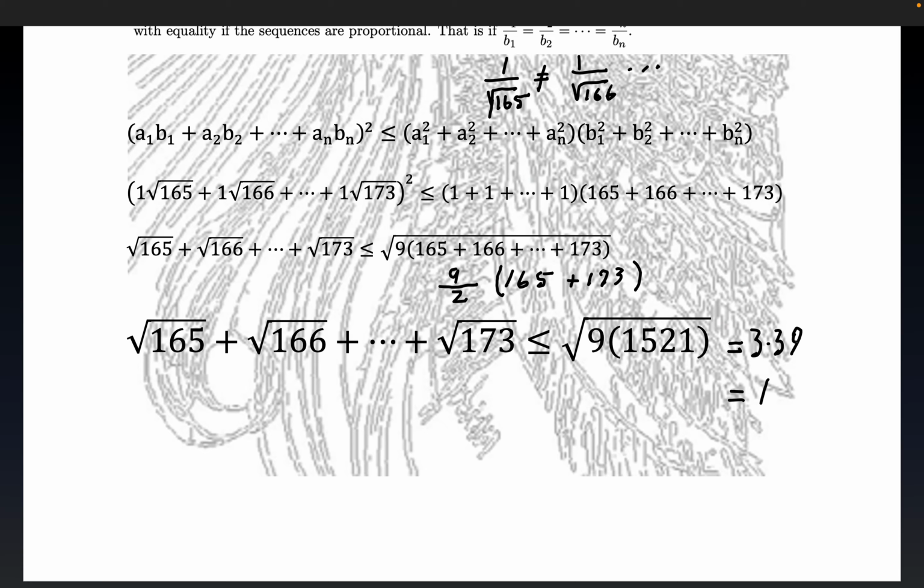Yeah, 3 times 39, because 39 squared, let me write this up here just to avoid the confusion. 39 squared is equal to 1521. Okay, so 3 times 39, 3 times 40 is 120, minus 3, so this would be the 117 we're looking for, folks.